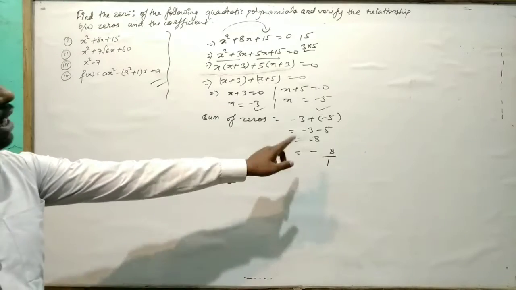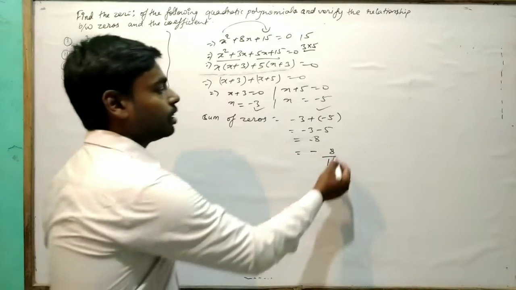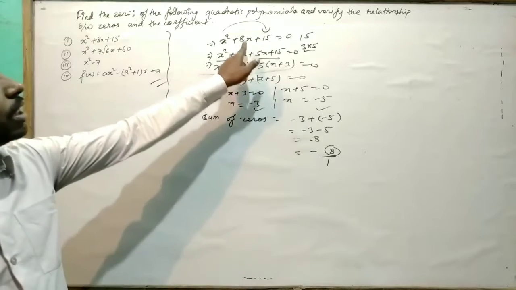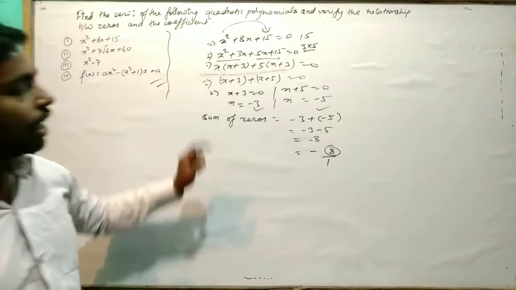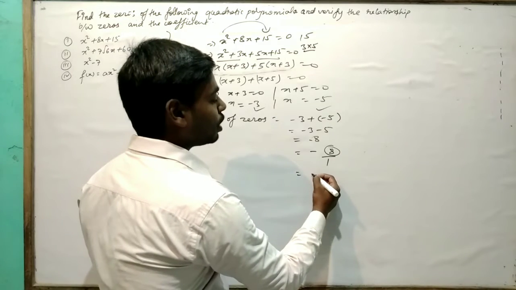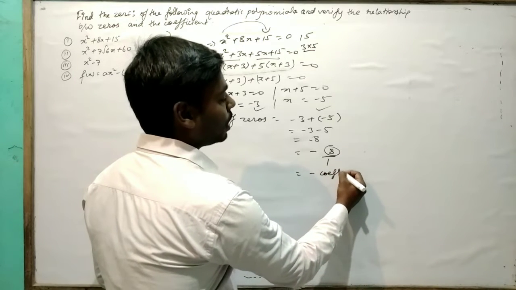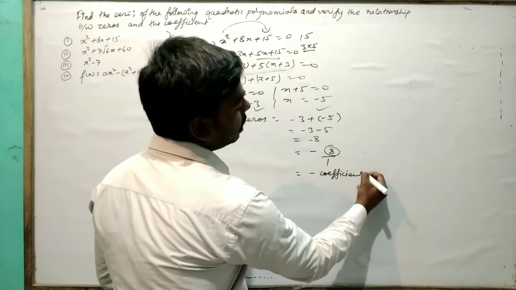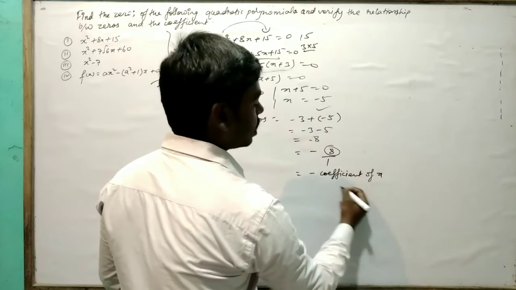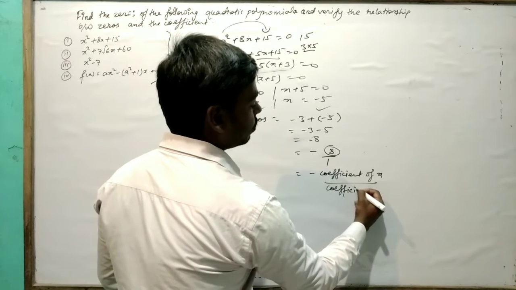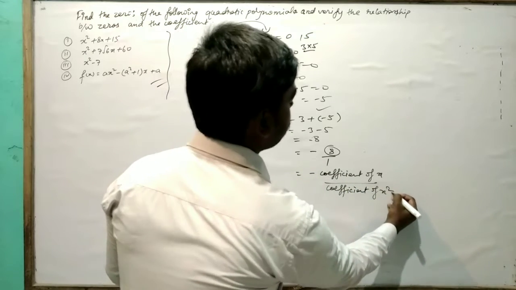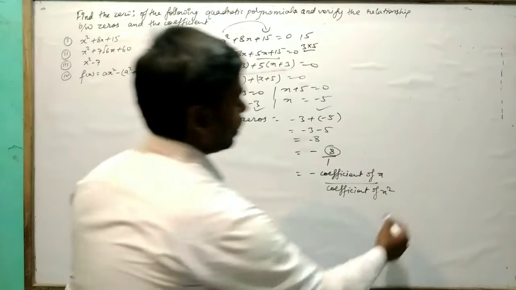Here 8 is the coefficient of x and 1 is the coefficient of x square. Then we can say that the sum of zeros is minus coefficient of x by coefficient of x square. It is verified.